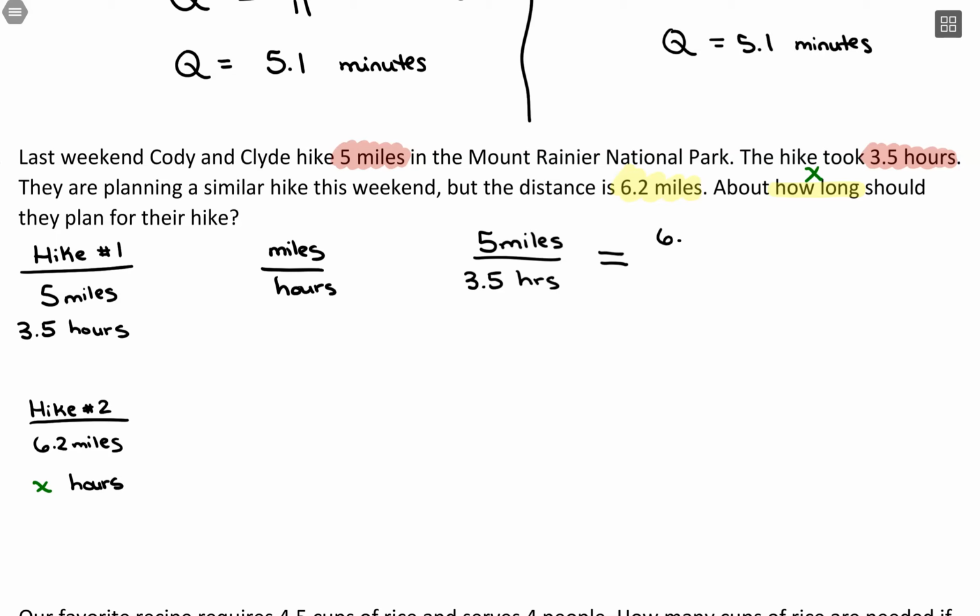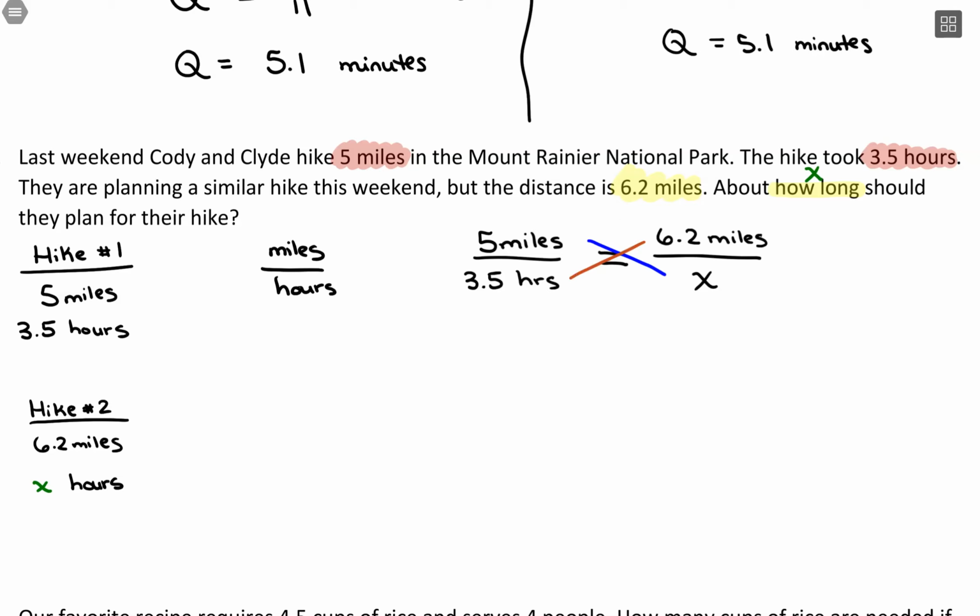So we're going to have 6.2 miles to, and then our unknown, X, which I'm going to leave the units off there. But what should happen is through our calculation the unit should work out that we end up with hours for our units. So my variable's in the denominator, so I'm going to cross multiply.